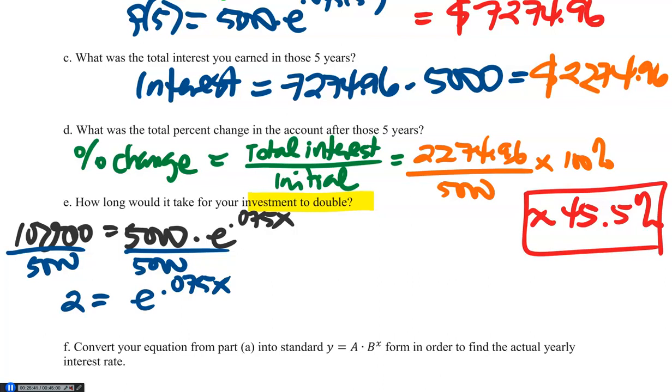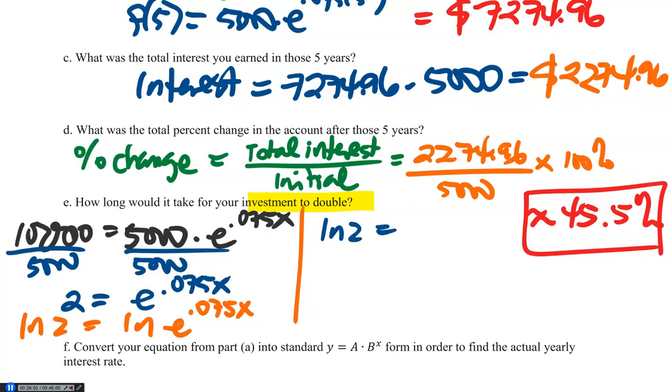And to isolate x, remember natural log both sides. ln 2 is equal to ln of e raised to 0.075x, and I'll continue it here.